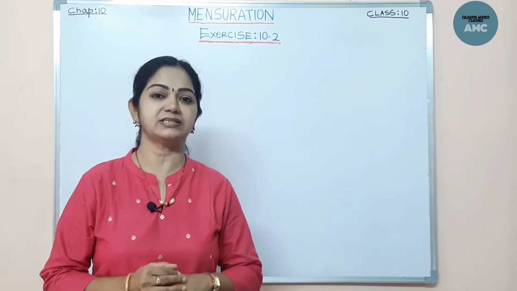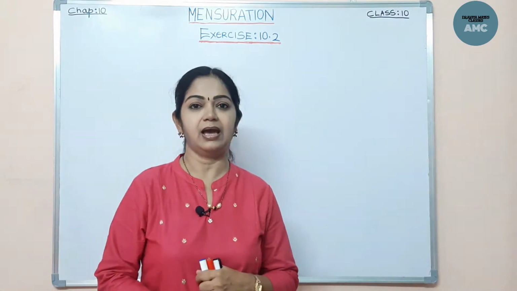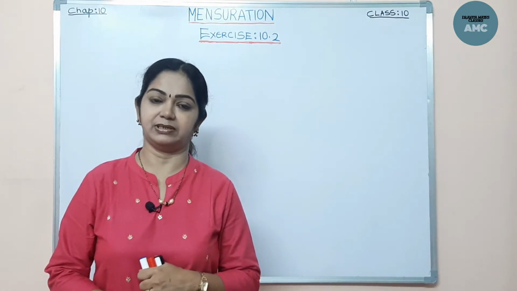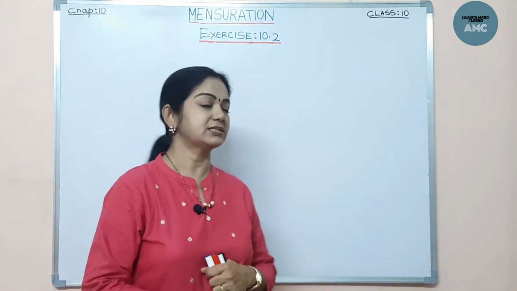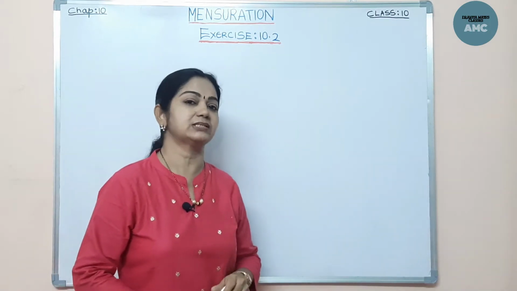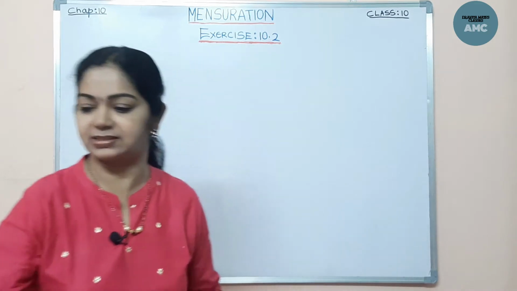In the previous session we were discussing the sphere and the hemisphere and a few example problems. Now we will be discussing the exercise problems in 10.2 based on the surface areas of the combination of solids. Let's proceed to the exercise.